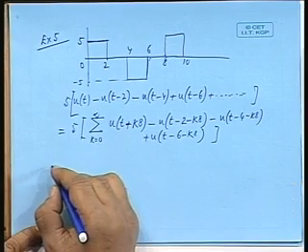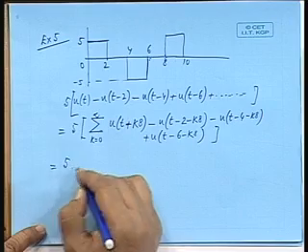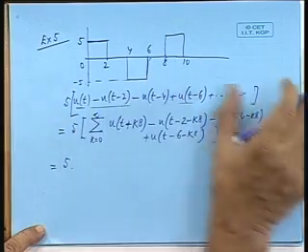What will be the Laplace transform of this? It is 5 into, you take just one period and that keeps on repeating.